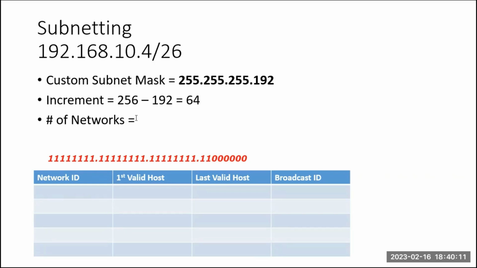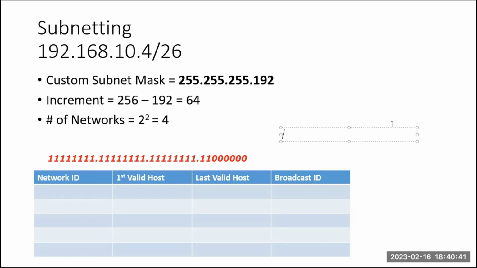So in this case, we're gonna say 2 raised to the 2. So 2 raised to the 2 is gonna give us 4. That means we have 4 different networks that are gonna be generated from this.